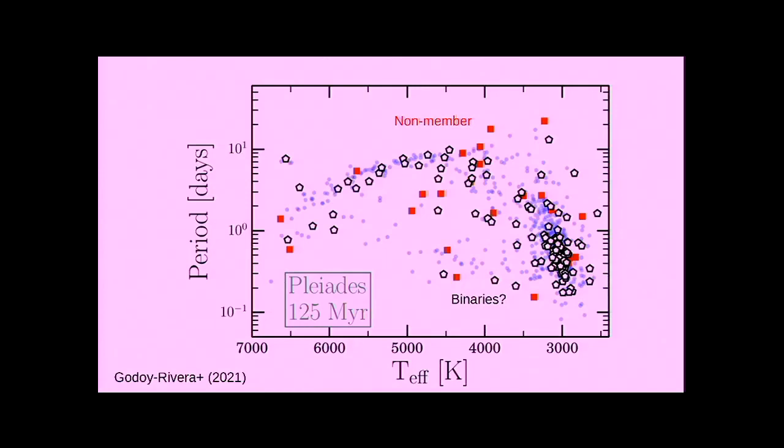But one note that I haven't made yet is the fact that not all stars are born single. And so when you make a diagram like this, now that we have Gaia, you can figure out which stars are non-members that we thought were members and exclude those.